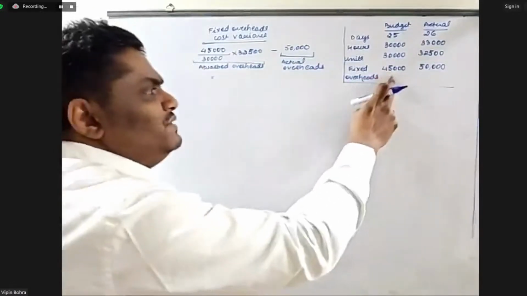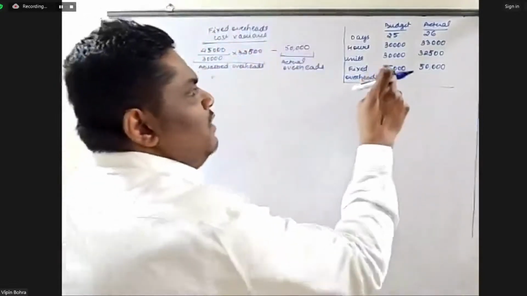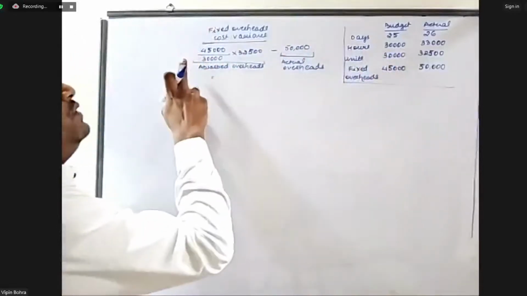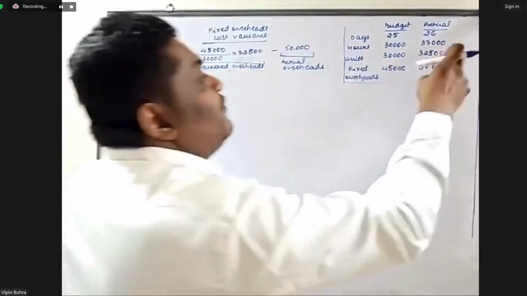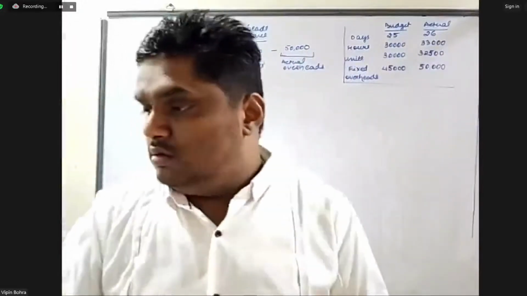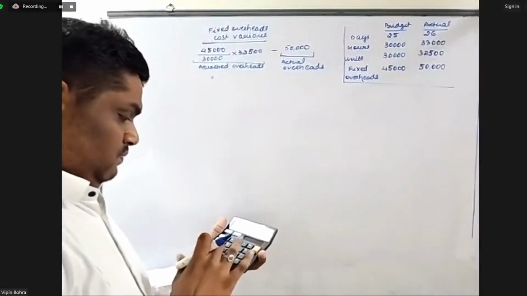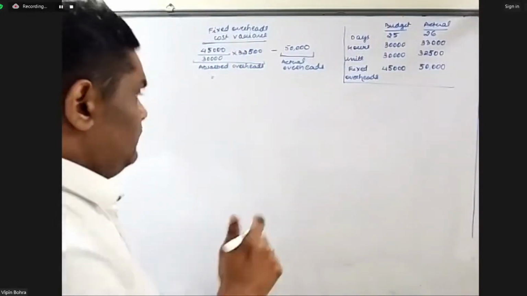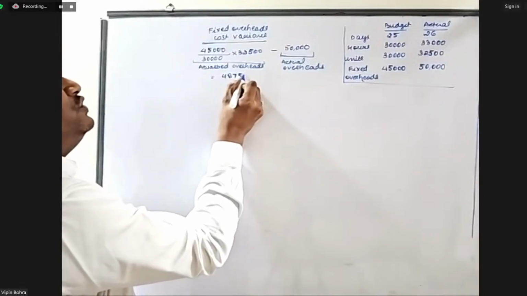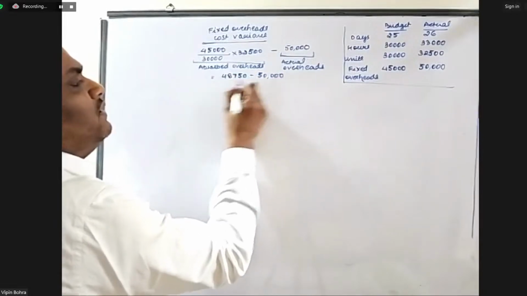In simple language, 45,000 overheads for 30,000 units. So for 32,500 units, how much? 48,750. All in all, 48,750 should be my overheads, and the amount I actually spent is 50,000.